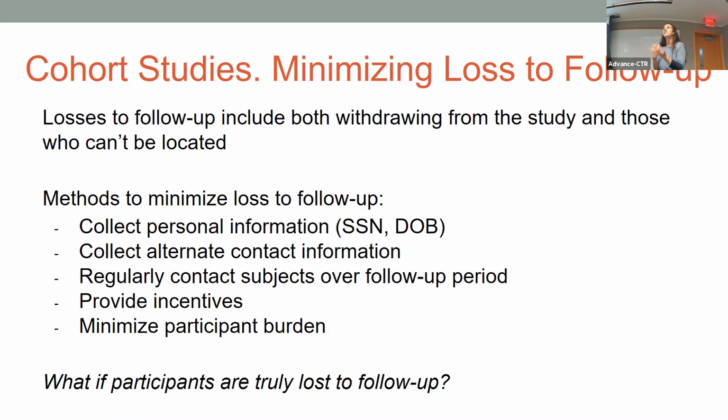And what the authors are trying to do there is address this issue. They're trying to say, look, we did lose 20% of the individuals, but these individuals were pretty similar to the ones that did stay in the study, so we hope you believe whatever results we came up with.